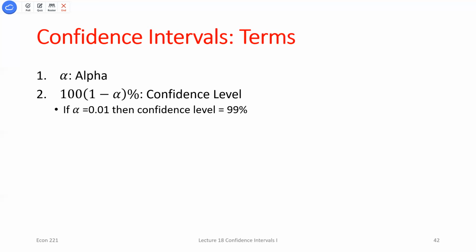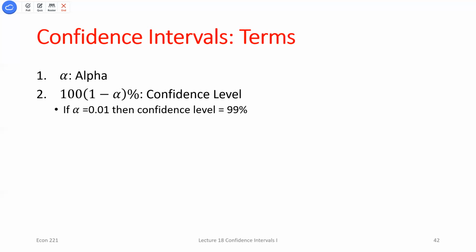So the total area in them will be alpha. If it was a 95% confidence interval, the total area in there will be 0.05, but because I have two equally sized tails, the amount in each one of those tails would be half of alpha, or 0.025. So you're finding alpha as a whole and splitting it in half? Yes.